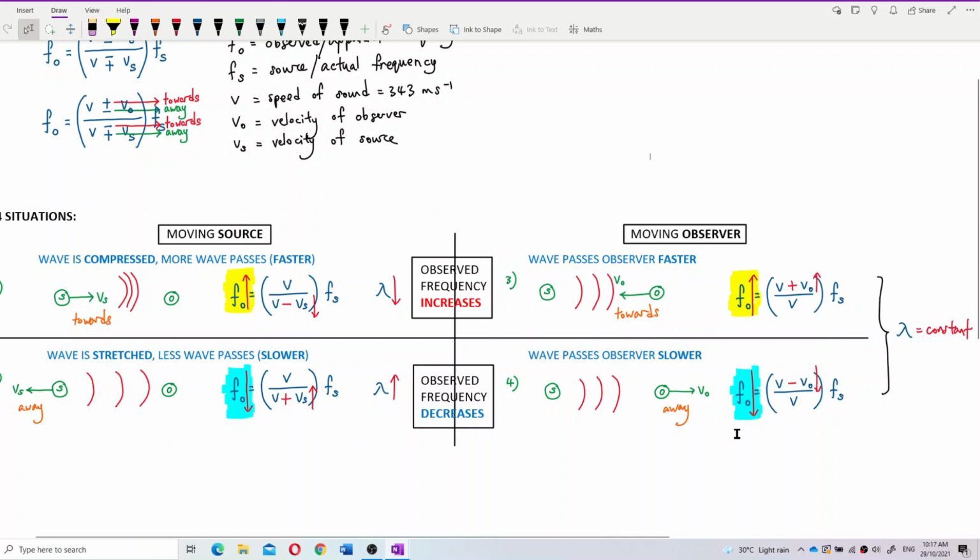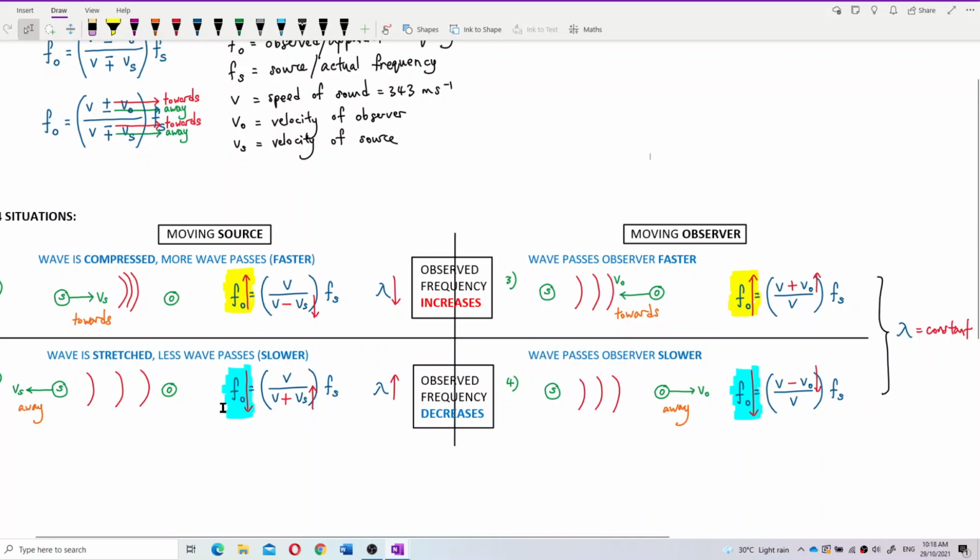Source moving away makes the waves stretch into a bigger wavelength, so fewer waves pass through the observer, the wave passes through the observer more slowly, and the observed frequency becomes lower. Whereas with the observer moving away, you are moving away from the sound wave, so the wave also passes through the observer slower, so you hear a lower observed frequency. So no matter whether the source or the observer is moving away, the observed frequency should decrease.